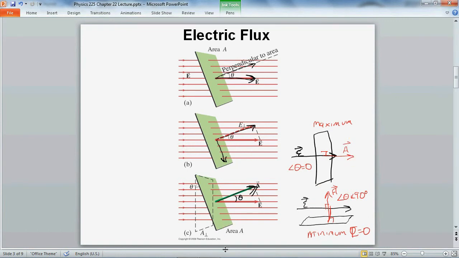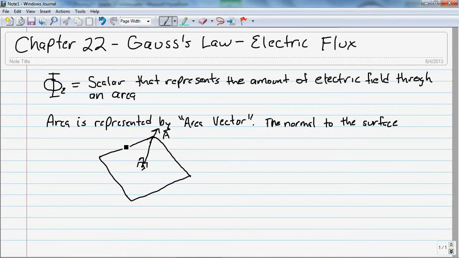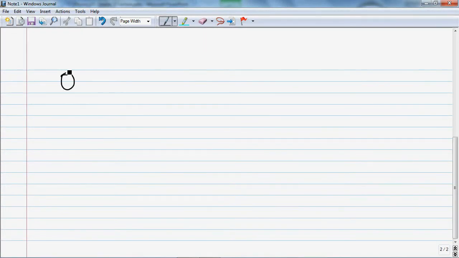So let's think about how we can get a scalar value from two vectors. The first thing you should think of is the dot product. That gives us a scalar from two vectors. So we have phi, our flux, equal to the electric field dot area vector, E vector dot A vector.